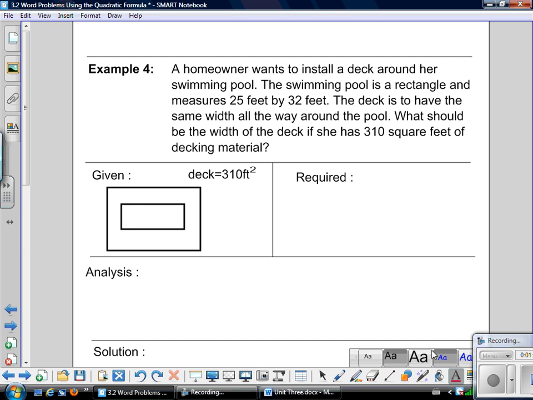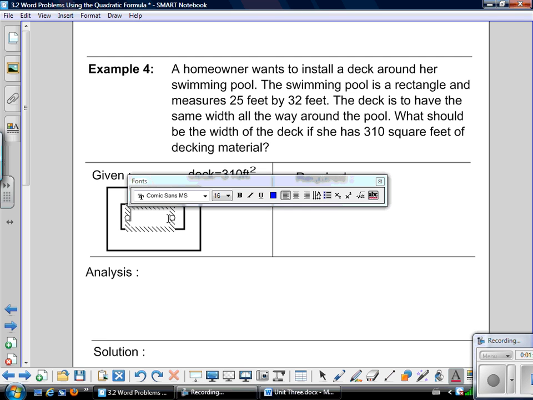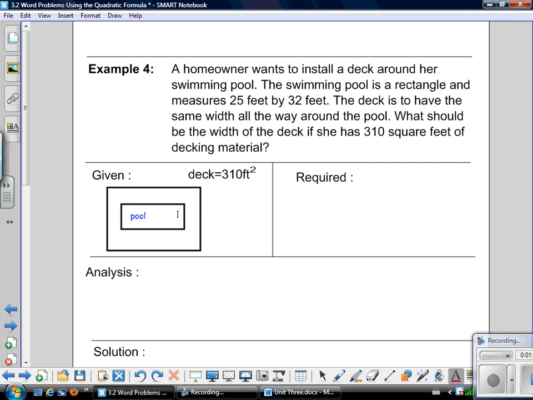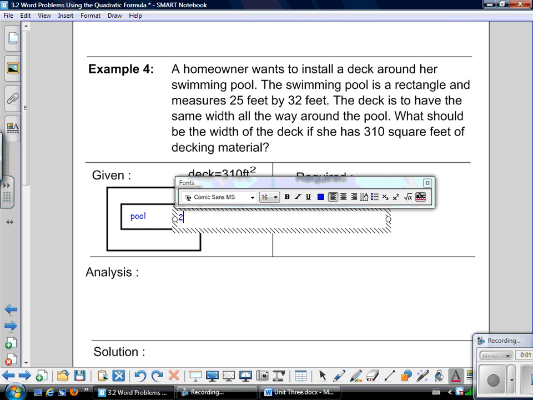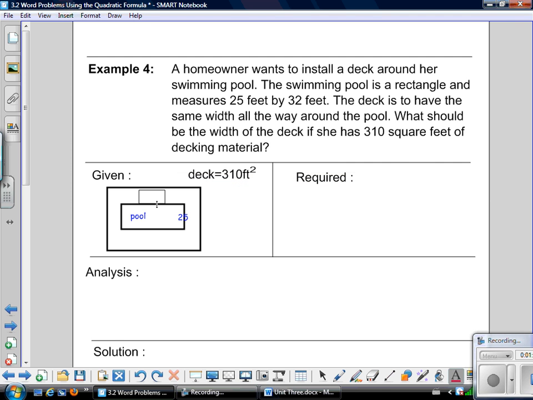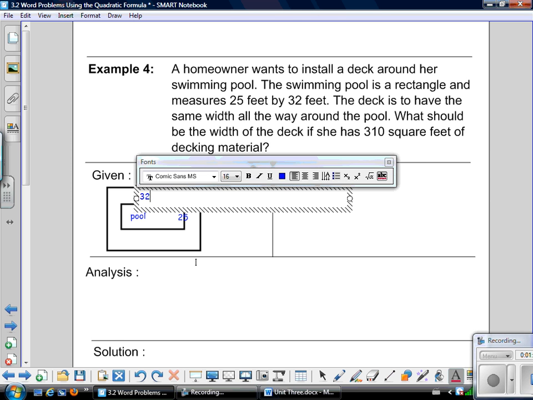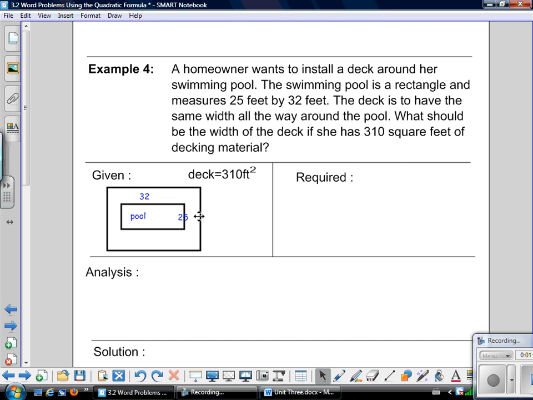So what we have in here is our pool. We're also told that it's 25 feet, and we're told also 32 feet. So we're told those measurements.